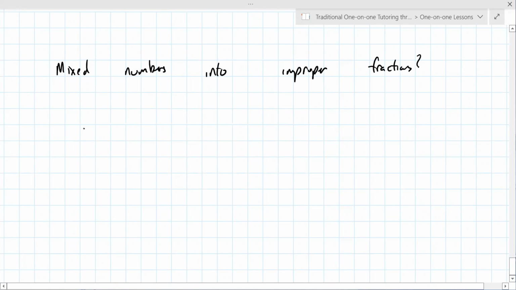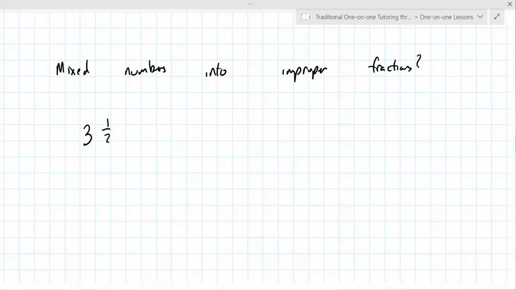Okay, so here's a mixed number, 3 and 1/2. I don't remember doing that red line. Yeah, it looks to be kind of new. So we'll just try it out for a few problems.